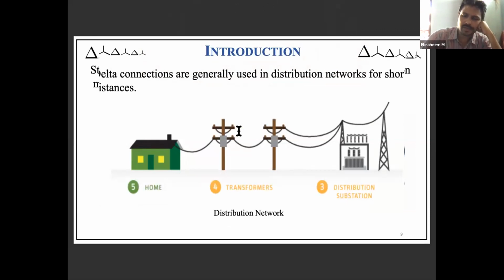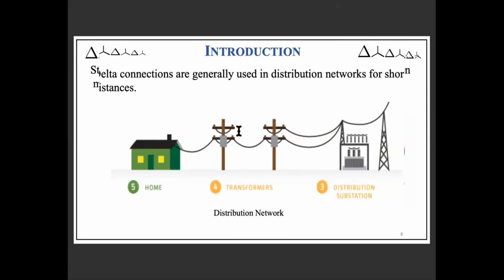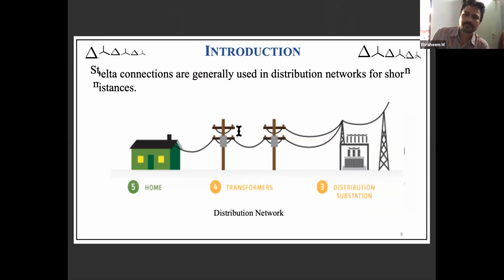You are receiving power to your apartment, right? That power is given to you using a distribution substation, or your apartment will have a separate transformer, right? Yes, sir. So this apartment is receiving from a transformer.